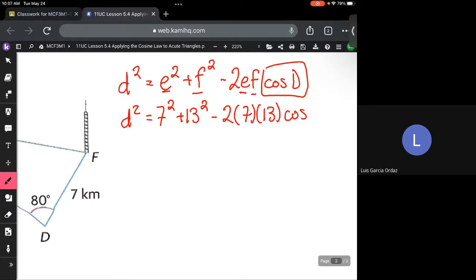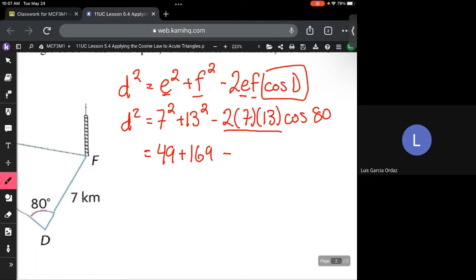So times cos 80. So again, 7 squared we know is 49. What's 13 to the power of 2? 169. Thank you, Omer. And what's 2 times 7 times 13? What would that give us?